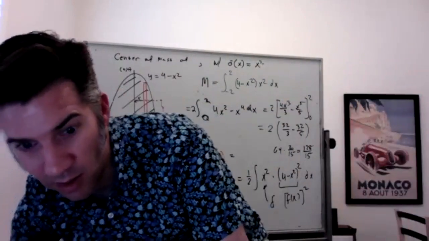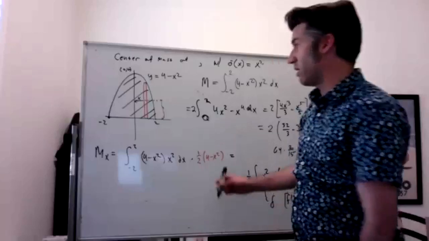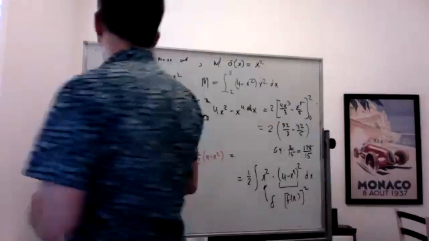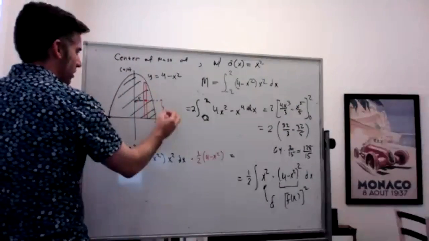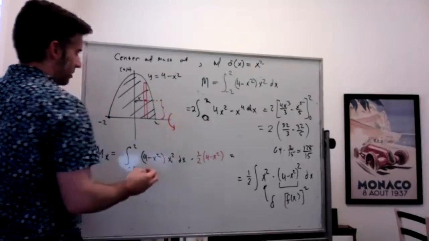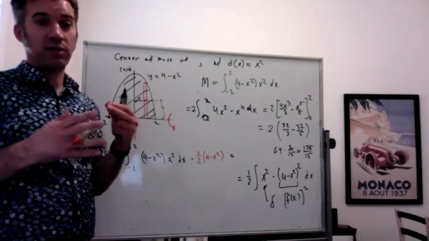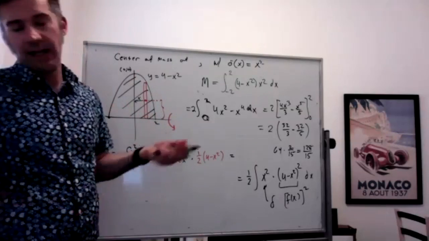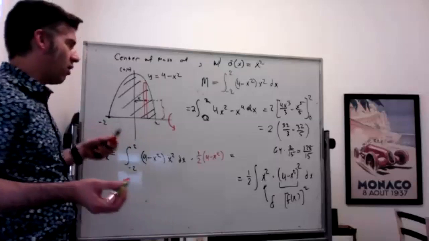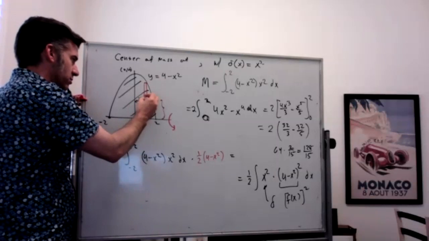Can you explain? I have part of the chat covered up idiotically. Sure, the 1/2 is because, if we're going around the x-axis, I want to find the moment of this region. And we're going to pretend, and it is okay, to have all the mass just centered there.